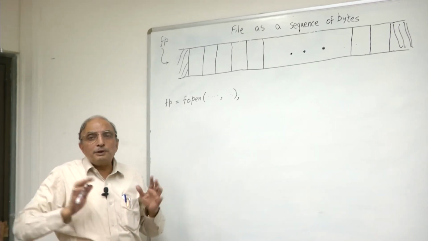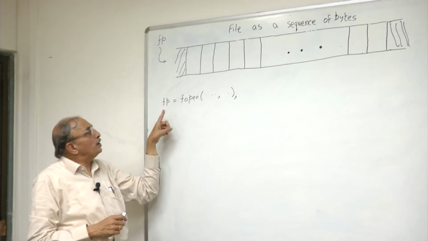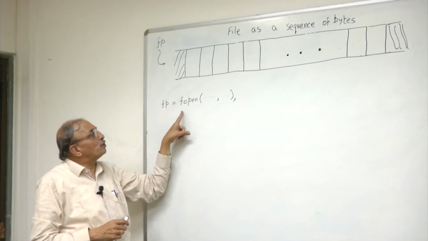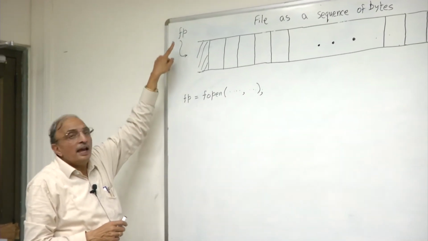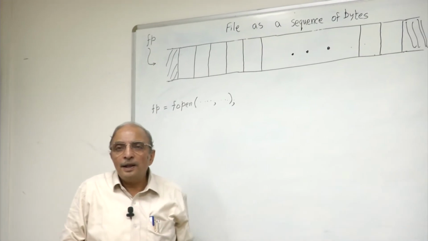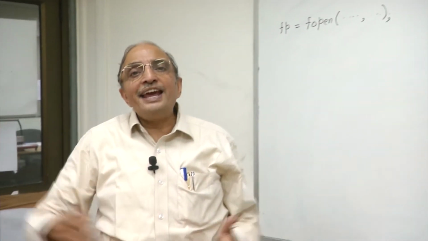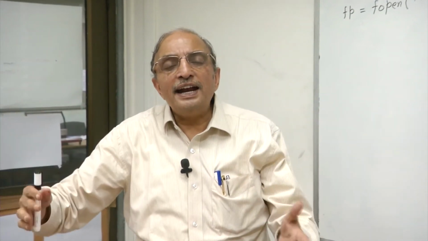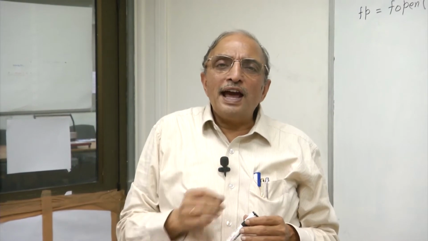As far as a C++ program is concerned, once I open a file using a statement such as fp is equal to fopen something something, then this file pointer fp gets permanently associated with this sequence of bytes. In fact, you can regard it as if it is an array of bytes, but residing on an external storage. Now, what is the property of an array?